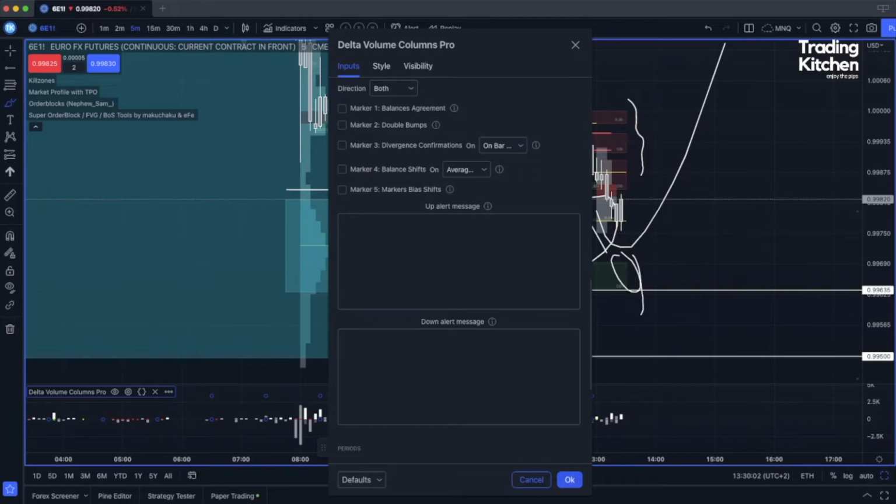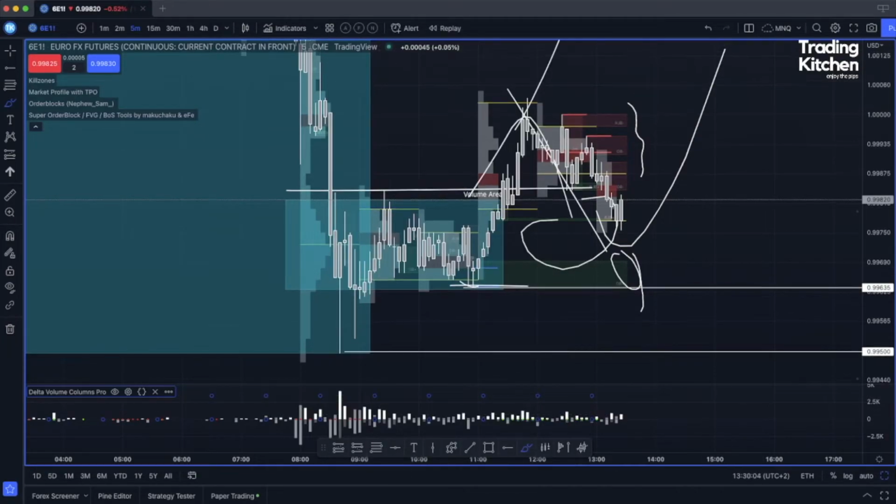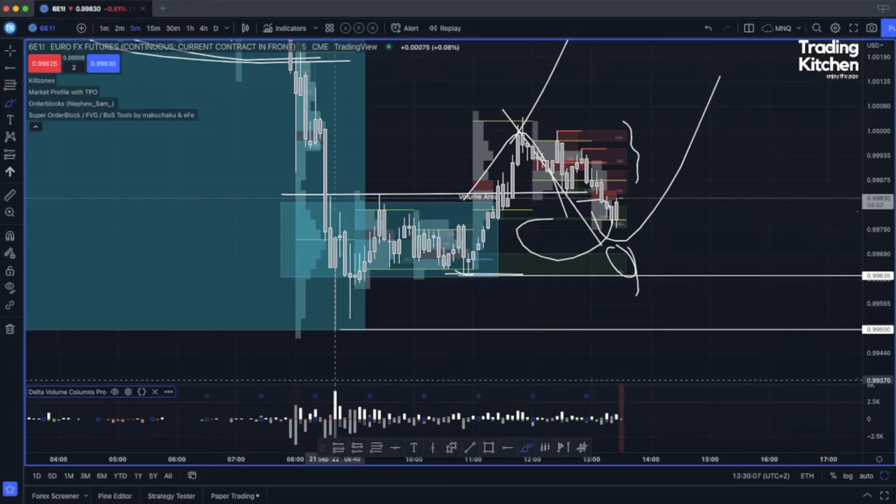Okay, so basically this is quite useful to see the strong momentum candles, where there is a peak of volume. Usually when there is a peak of volume, it is before an inversion, or during a breakout.